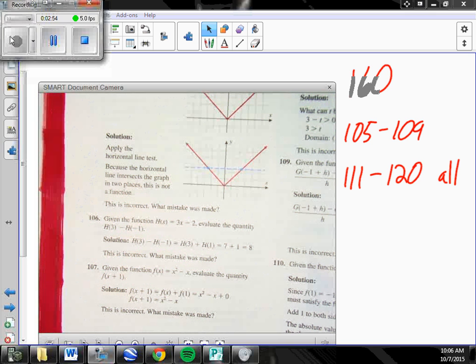Such as this one. Okay. Why can't you distribute the negative inside? I mean, what happened with that? Why is that a problem? Why in this case did distributing the negative not work?